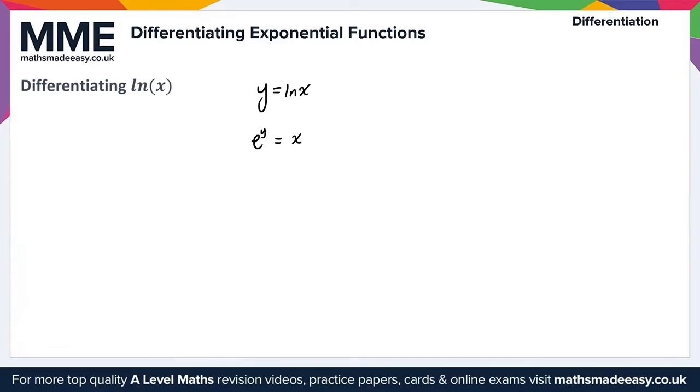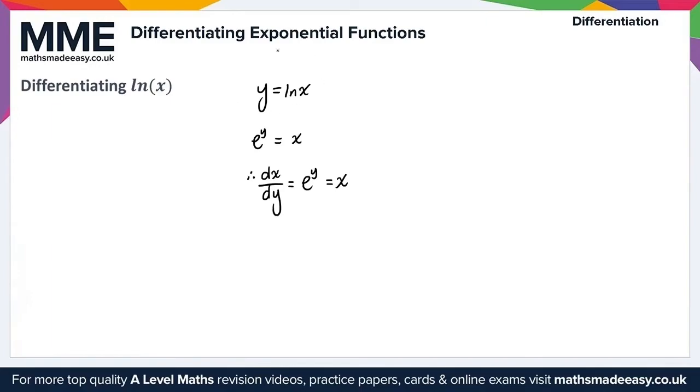Now if we differentiate x with respect to y, so therefore dx by dy, this would simply give us e to the y. However, we've already noted that e to the y is simply equal to x. So dx by dy is just simply x. Now what we actually want is dy by dx.